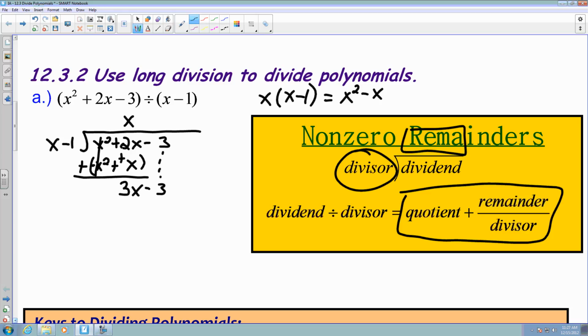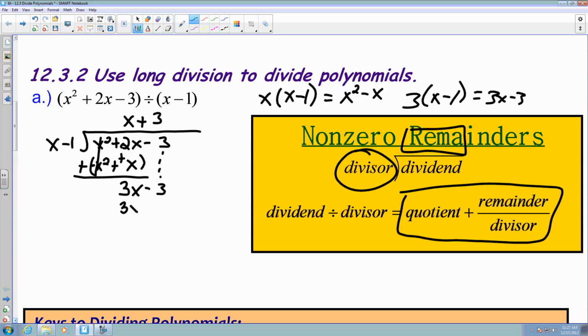Okay. Now I need to find another value that, when I use the distributive property and multiply by x minus 1, is going to cancel out that 3x. The value will be a positive 3. So when I distribute a 3 with x minus 1, I get 3x minus 3.